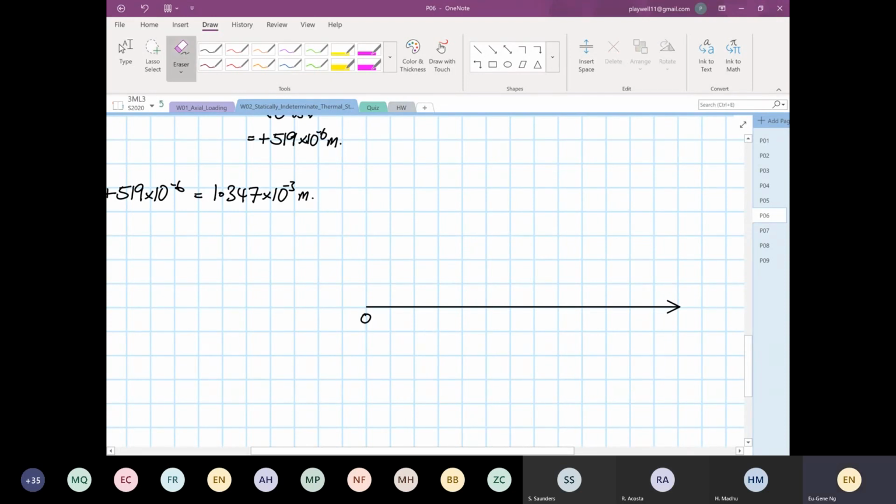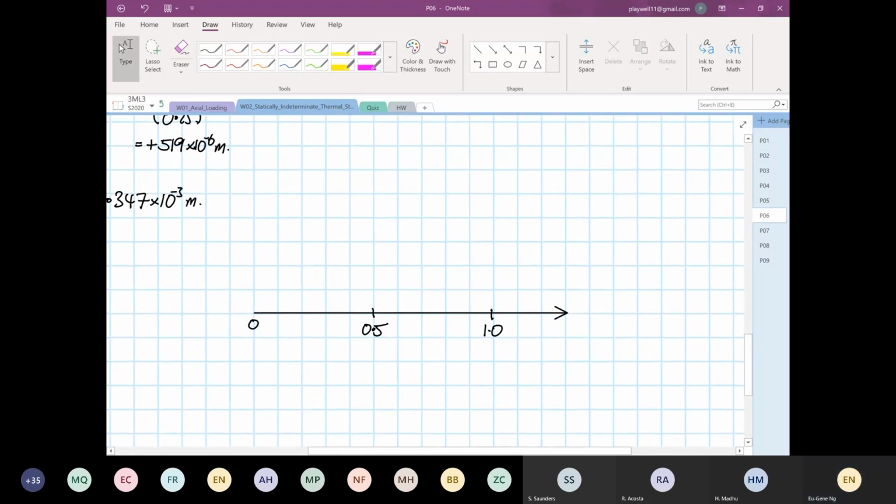Then we will have 0.5, times 10 to the power minus 3, then 1.0, and then 1.5. So this is your deflection due to temperature. And then on our y-axis is our stress.